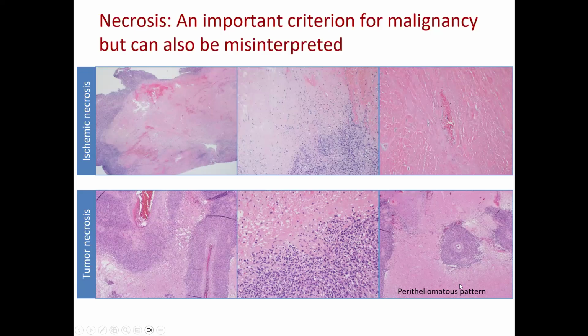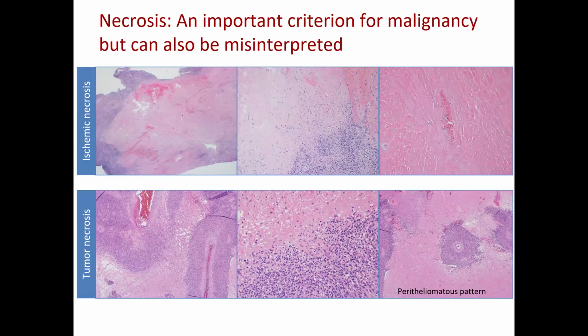Look at this again, geographic necrosis, and then you get some retained malignant cells around the blood vessel. The transition from the necrosis to the cellular area is abrupt rather than the gradual one that we saw. So these are helpful features. When you see necrosis, you can ask yourself, am I looking at tumor necrosis?